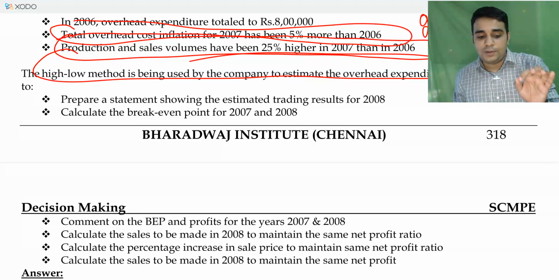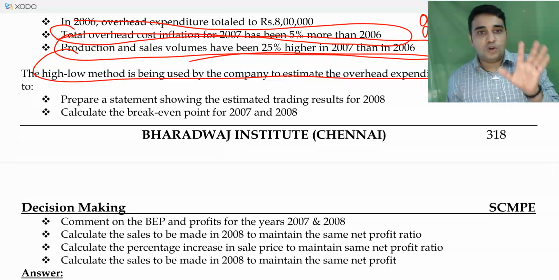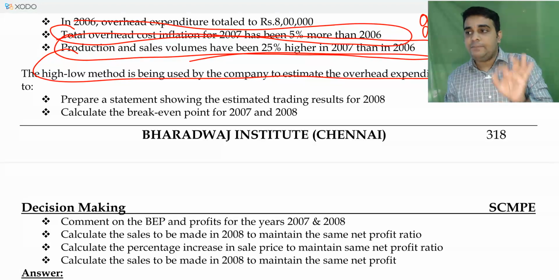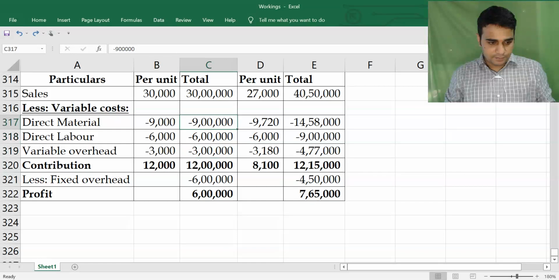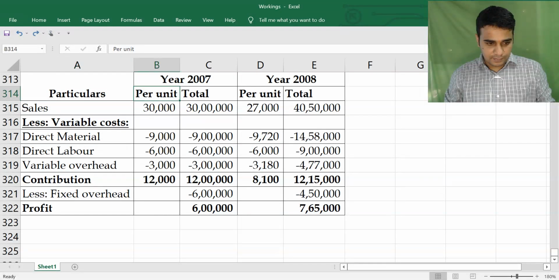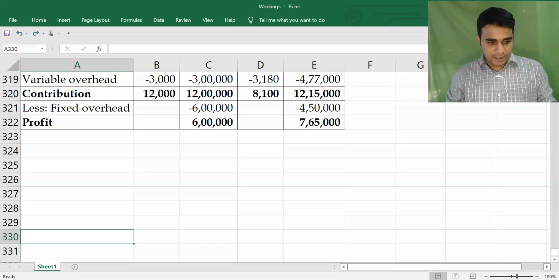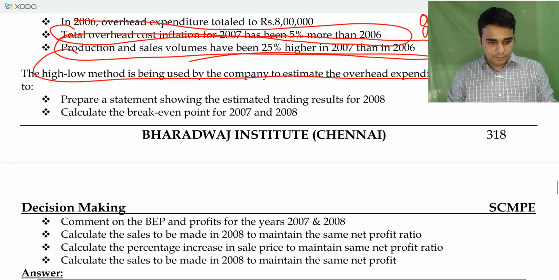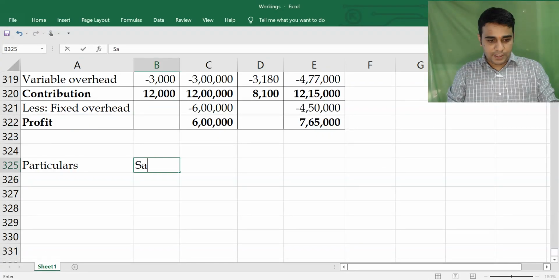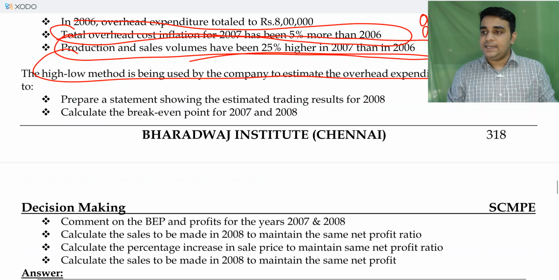Calculate the sales to be made in 2008 to maintain the same net profit ratio. Let's do this now. Particulars, same net profit ratio. You can have space. I may open extra columns later on. There are three situations.